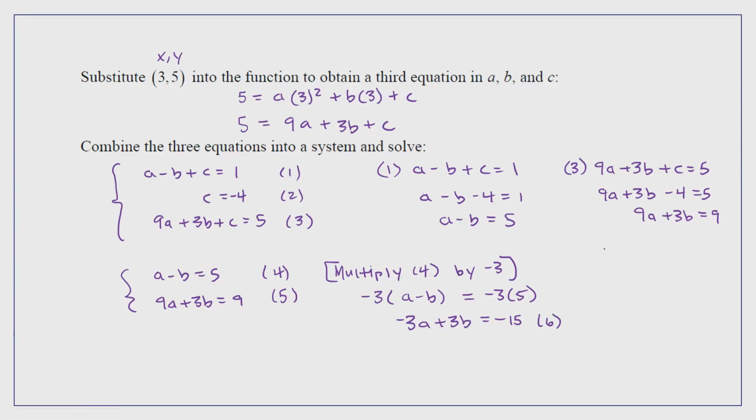So I'm now going to take equation 6 and add it to equation 5. So that's negative 3a plus 3b equals negative 15. And I have 9a plus 3b equals 9. Oh, my b's don't cancel, so that means I made an error. So I actually should have multiplied this by a positive 3. Okay, so my signs here are going to change.